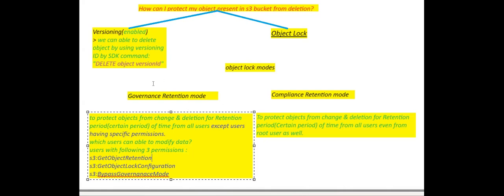If the object lock is in governance mode, then in order to bypass this governance mode, the user also needs the bypass governance mode permission. So these are the three permissions that a user needs in order to change and delete the retention period or objects which are present in that retention period.